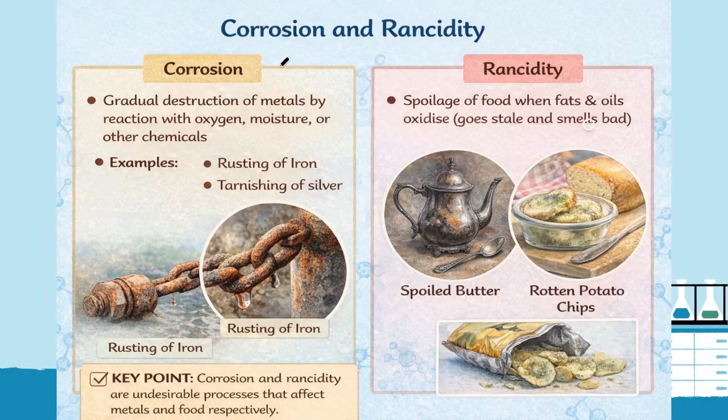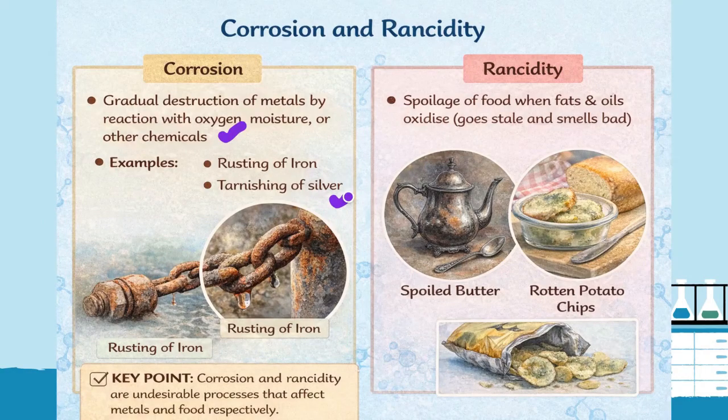Now, let's see what is corrosion. Corrosion is gradual destruction of metal when it reacts with oxygen, moisture, and other chemicals, like in iron. Rusting happens, that is an example of corrosion. Tarnishing of silver, if you see silver changes into a black kind of substance, that is because of corrosion. Okay.